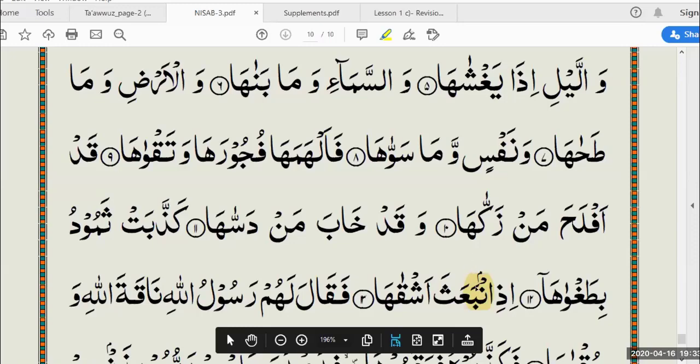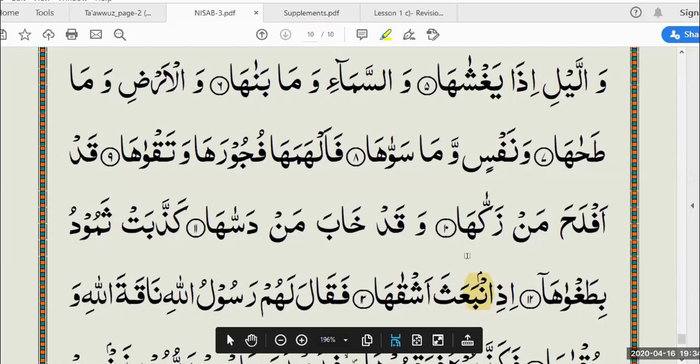So what do you think? How would you pronounce this? Okay. So just looking at the Iqlab rule. Whenever we have Mim on top of the Noon Sakin, and the next letter is Ba, we know that the rule is Iqlab. So the Mim will replace the Noon sound.